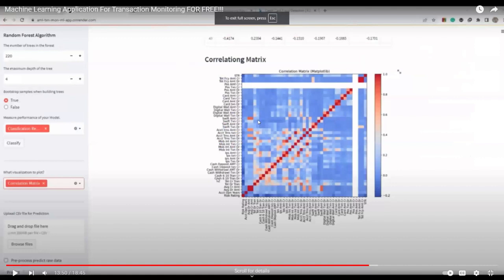Okay, this is also a correlation matrix, and there are a lot of parameters over here, right? You can see there is a lot of correlation between various parameters, and one such relationship is that mobile transaction credit is related with structuring transaction debit.